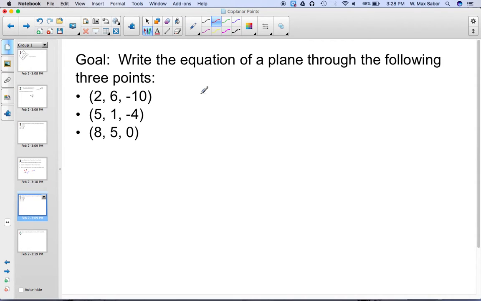So let's do that. Let's pick 2 points. We're going to use these 2 to create a vector u, and that vector is going to be final minus initial. So 5 minus 2 is 3. 1 minus 6 is negative 5. And negative 4 minus 10, minus negative 10, is positive 6.